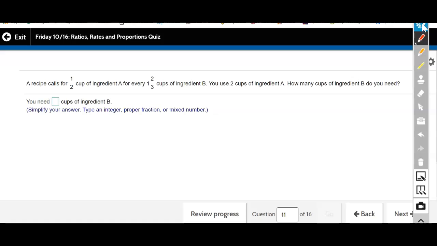So let's say we are trying to figure out how many cups of ingredient B I will need. They say the recipe calls for 1/2 cup of ingredient A for 1 2/3 cup of ingredient B. Remember, we can set this up either way, A over B or B over A, but do you remember how I said to set it up?